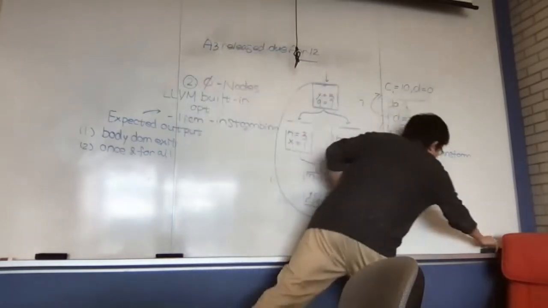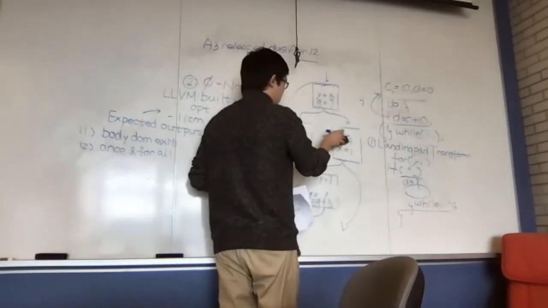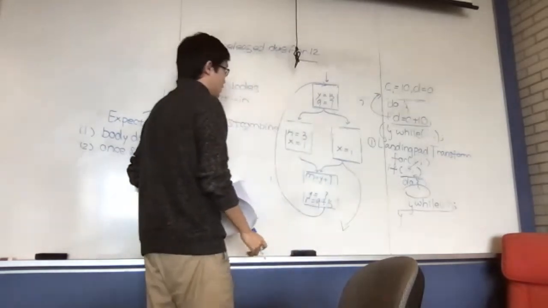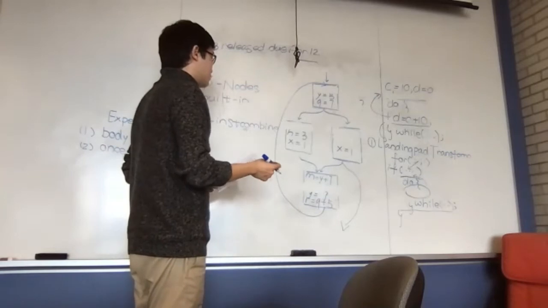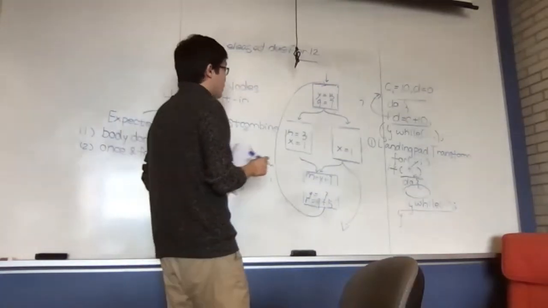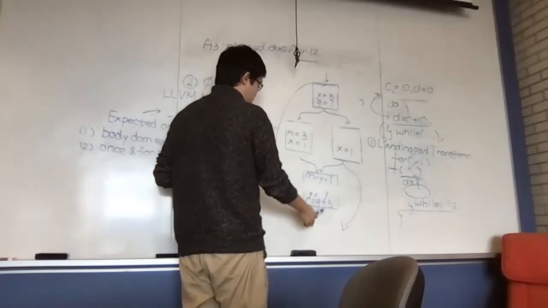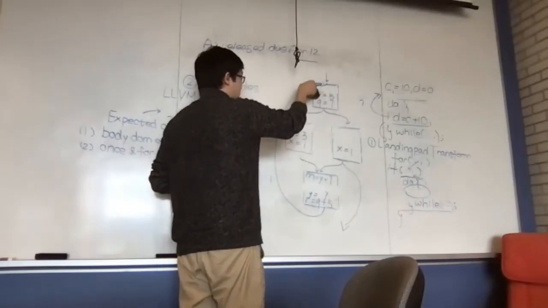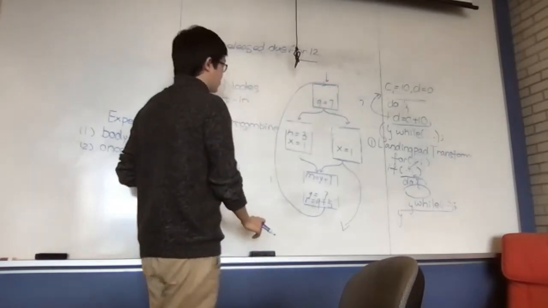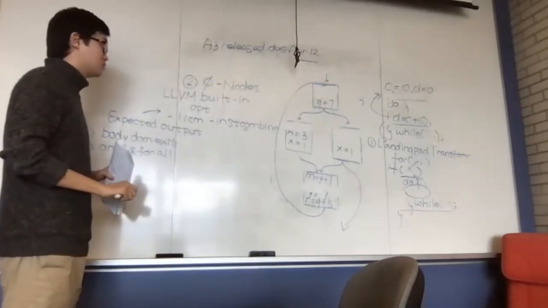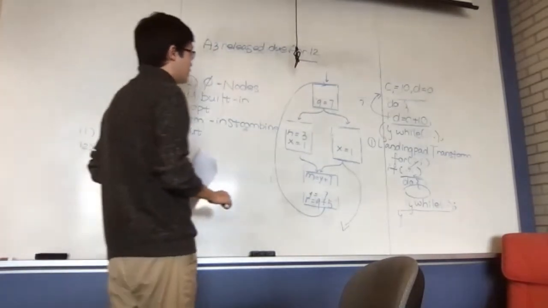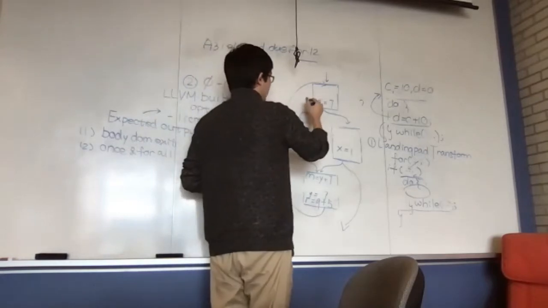Because there are two definitions for Y in the loop body, let's also erase Y here. In the end, what we are left with is Q equals 7 here.